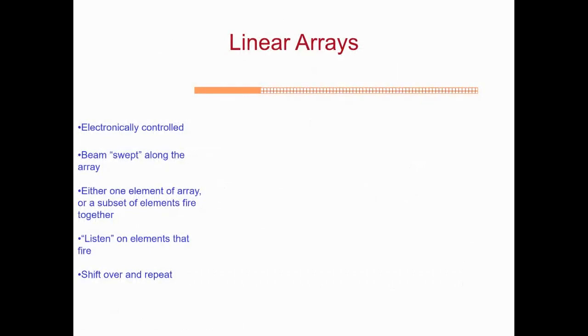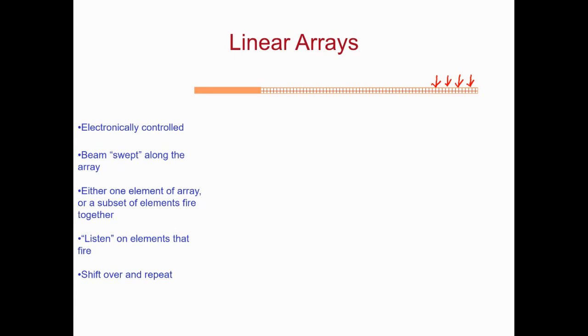One of the better ways to do it is to use what's called a linear array. A linear array is a whole bunch of different transducer elements parallel to each other. In this picture, in my crude PowerPoint drawing skills, each one of those small boxes is supposed to be a transducer element.